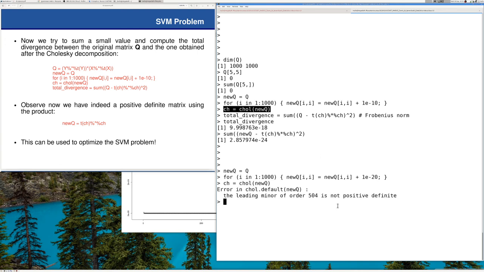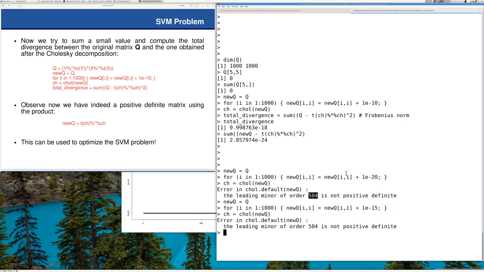Oh, I couldn't, because one of those values, the row and column 504, has a value that should be slightly greater. Let's try maybe 10 to minus 15. And computing the Cholesky decomposition, no. It has to be greater than that.